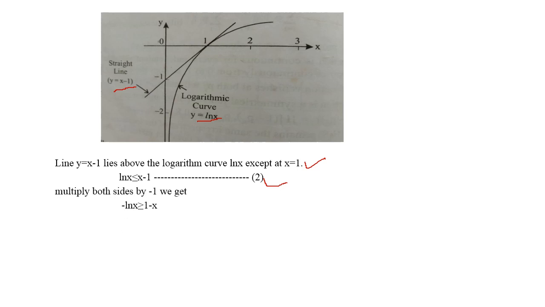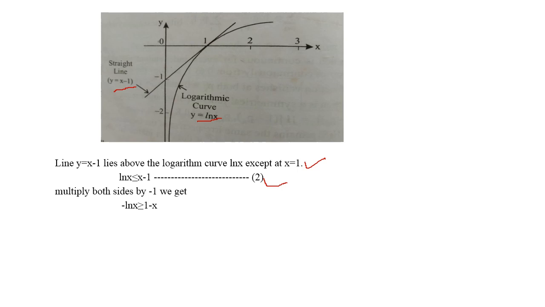Now multiply both sides of the equation by minus 1. So we are going to get minus ln x greater than or equal to 1 minus x. Since we are multiplying by a negative sign, the less than or equal to symbol in equation number 2 is converted to a greater than or equal to symbol.